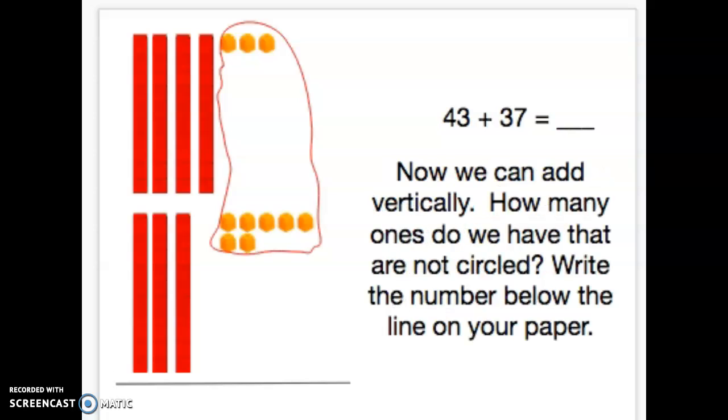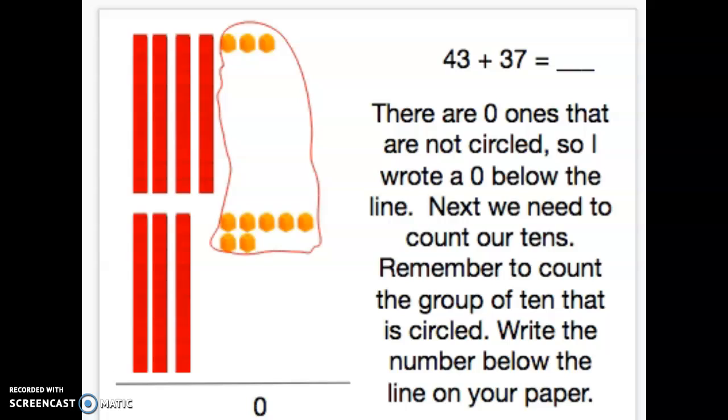Now we can add vertically. How many ones do we have that are not circled? Write the number below the line on your paper. There are 0 ones that are not circled. I don't have any left, so I'm going to write a 0 below the line.